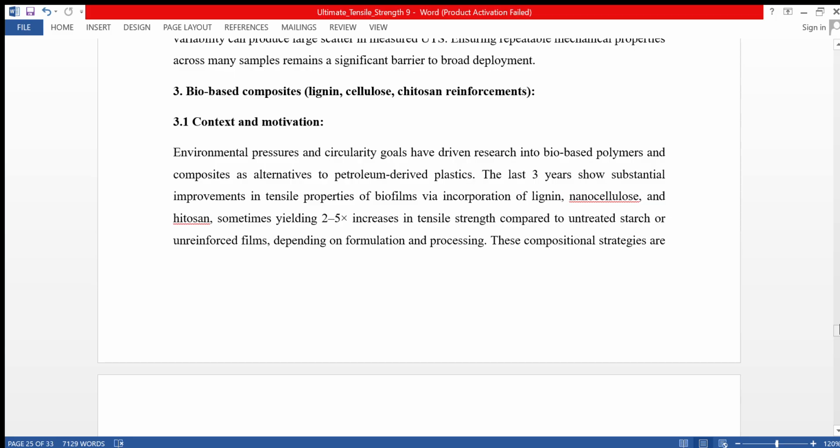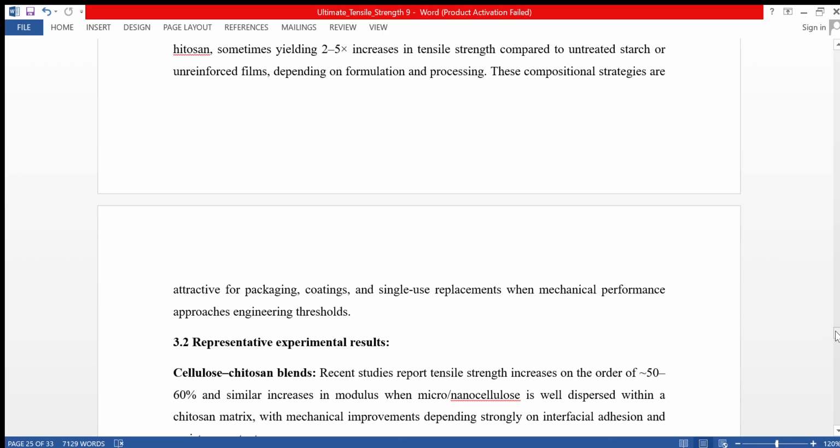The last 3 years show substantial improvement in tensile properties of biofilms via incorporation of lignin, nanocellulose, and chitosan, sometimes yielding 2 to 5 times increase in tensile strength compared to untreated starch or unreinforced filaments. Depending on formulation and processing, these compositional strategies are attractive for packaging, coating, and single-use replacement when mechanical performance approaches engineering thresholds.